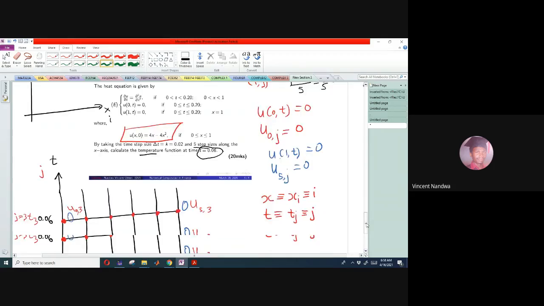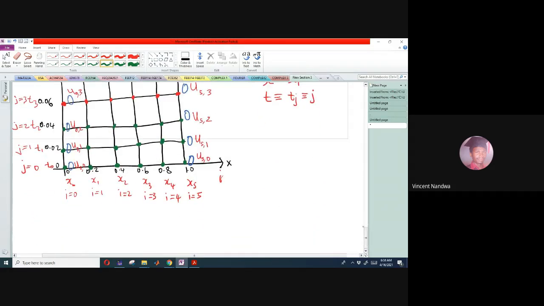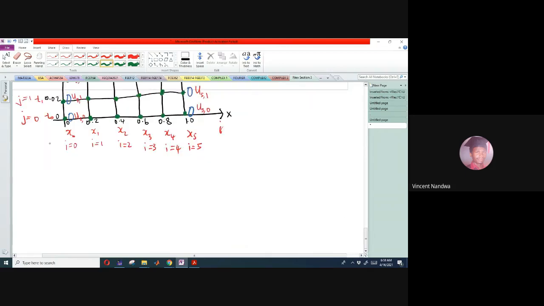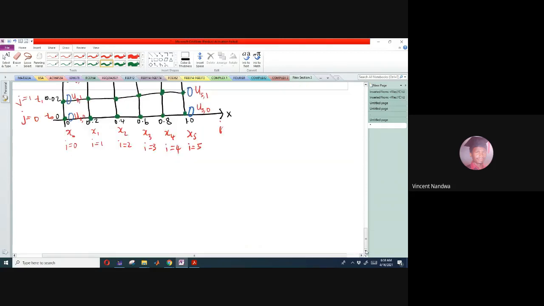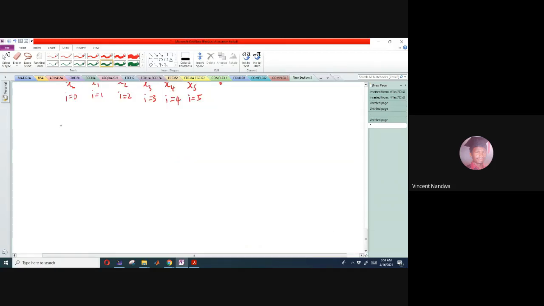So this is how we write the scheme, or how we write the values of these nodal points. We have to calculate the value when j equals 0, when j equals 1, when j equals 2, when j equals 3. So we'll have 4 different cases, and remember i is running from 0 to 5. So just come and write j equals 0.